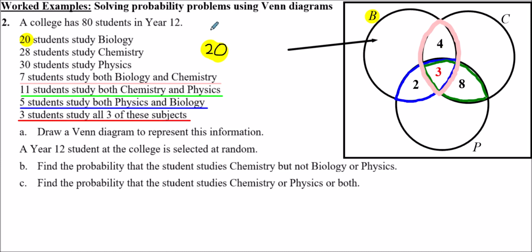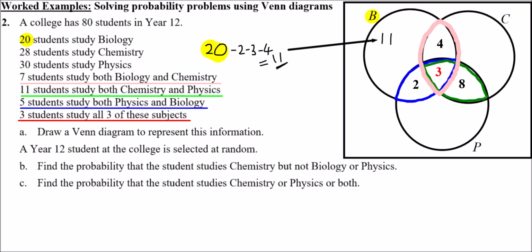So 20 minus 2 minus 3 minus 4. 20 take 2 take 3 take 4. Well, 2 plus 3 plus 4 is going to be 9. 20 take 9 is going to be 11. So we need an 11 going in here.